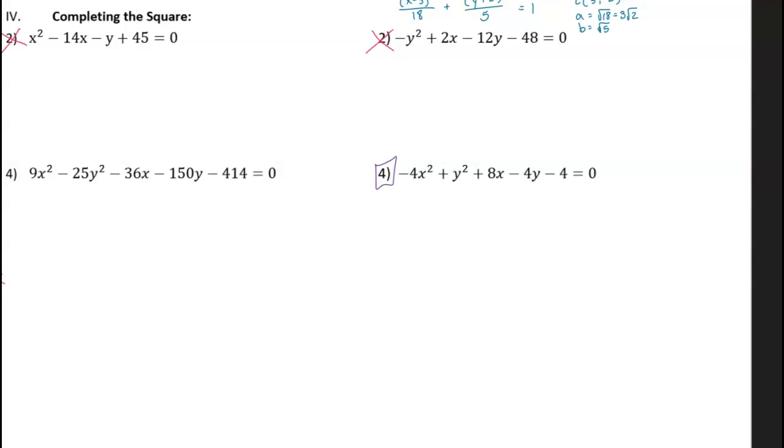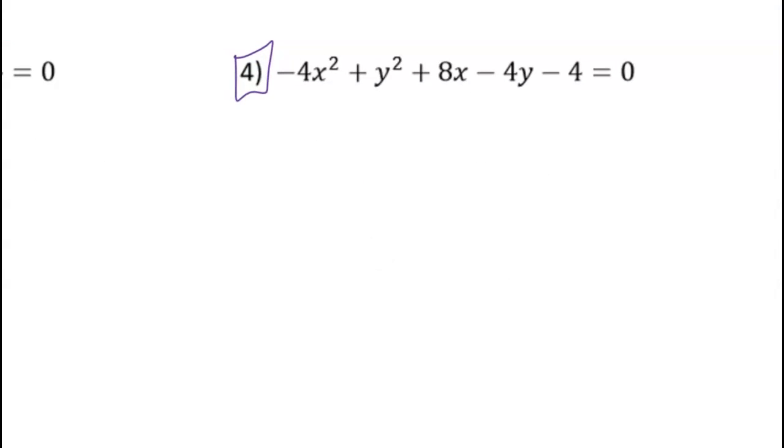So completing the square for a hyperbola behaves in the exact same way that completing the square for an ellipse did. First things first, we have to group the x's, group the y's, and we also have to pull the a value out of both of these separate quadratics.